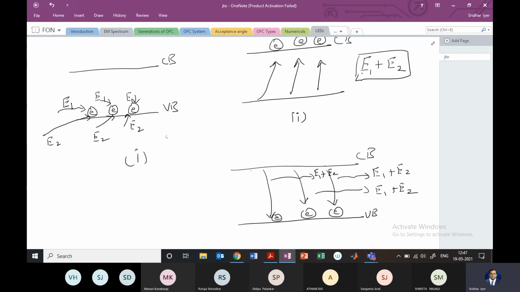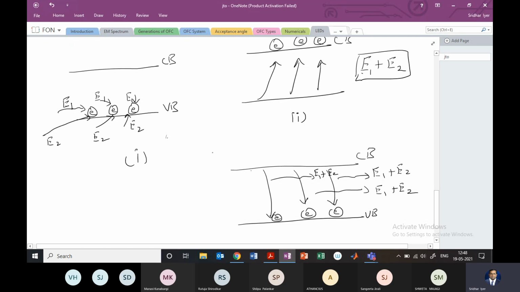Therefore, light amplification, right? By stimulated, right? Stimulated. Why? Because we had given a stimulant to the electrons to move to the conduction band, which has energy E2, right? By stimulated emission of radiation, right?